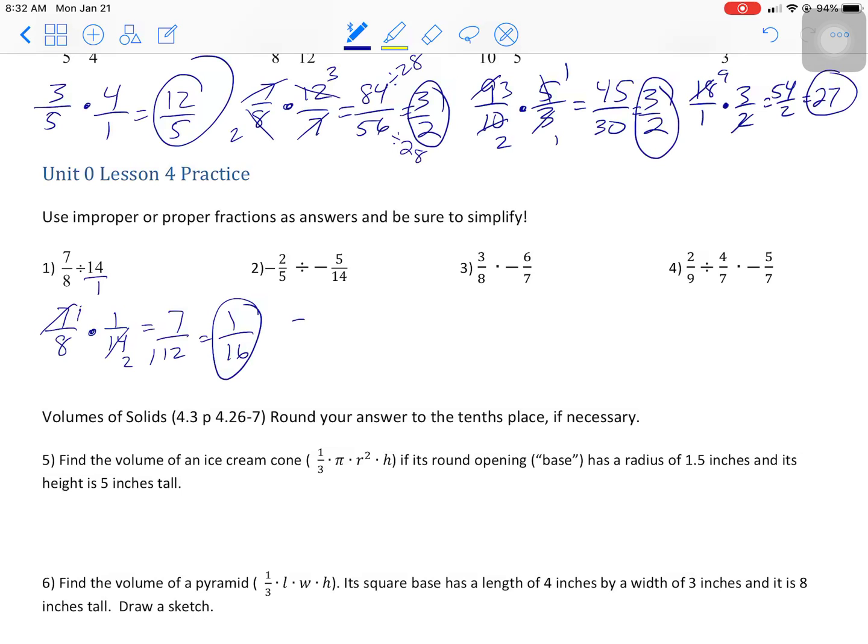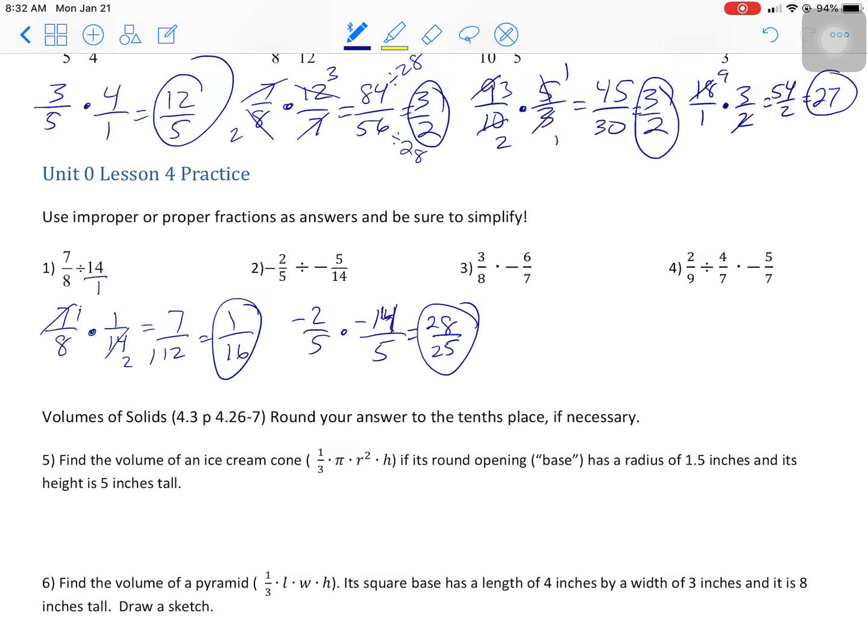And let's see, keep, change, flip. Remember, flipping it, it's still negative when you do that. Okay, so negative times a negative is a positive, and 25, and there's nothing to reduce.